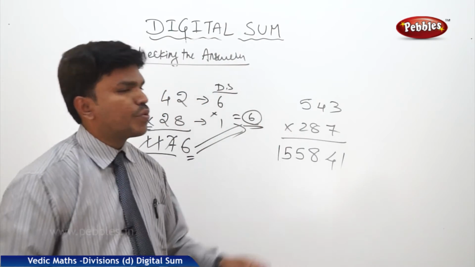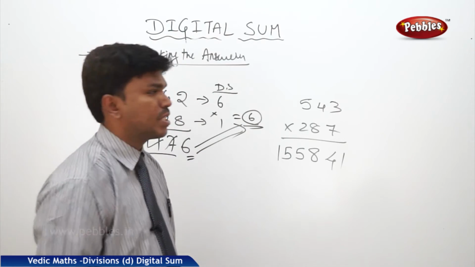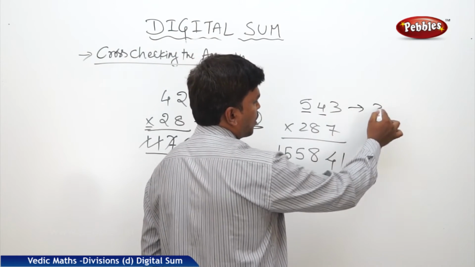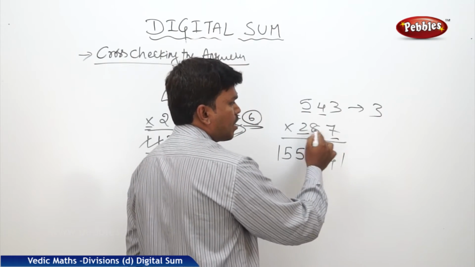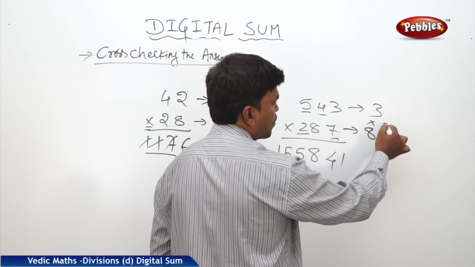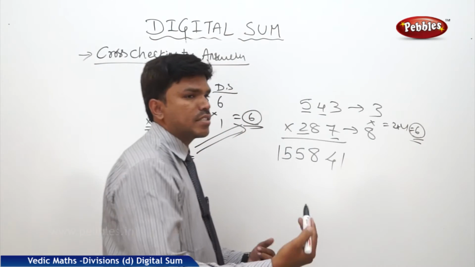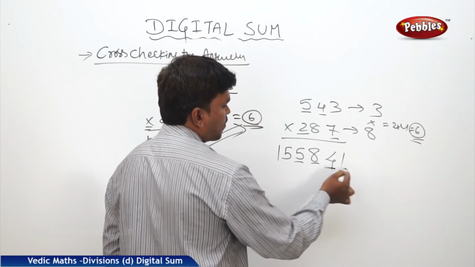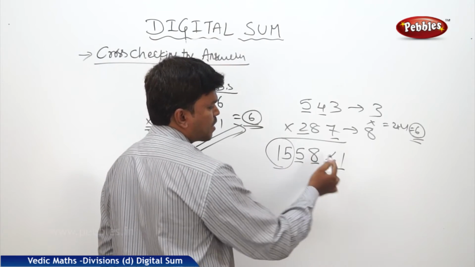So 543 into 287, I got this much answer. I want to check whether my answer is right or not. Let us see the same way. So 5 and 4 ignore, 3, 2 and 7 ignore. Why? Because they are adding up to 9s, right? So I am ignoring. 8, so 3 into 8, 24, that is 2 plus 4, 6. So I got the digital sum as 6. Let us see the answer. So 5 and 4 you can ignore, 8 and 1 also you can ignore. Why? Because they are adding up to 9s. Now remaining is 15. 1 plus 5 is 6.